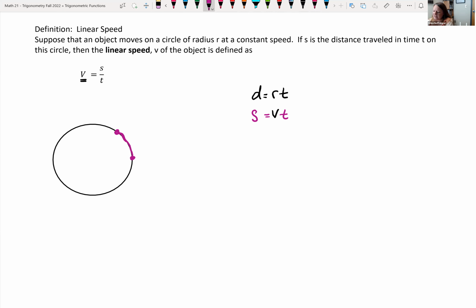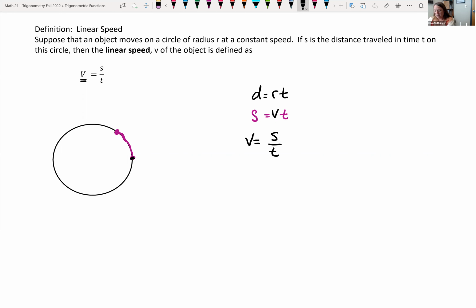So our speed, again, we could get that by dividing both sides by our time. It's basically our distance formula. It's just different variables that we're using in this piece. And it has to do with going around on the circle. Okay, so that is what linear speed is. How fast is that point moving on a circle?